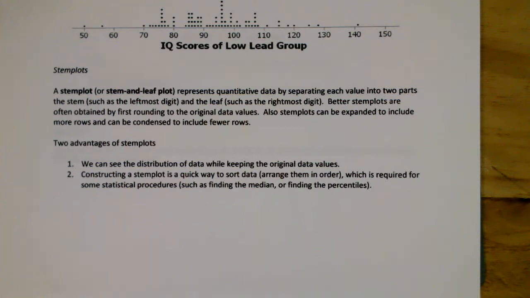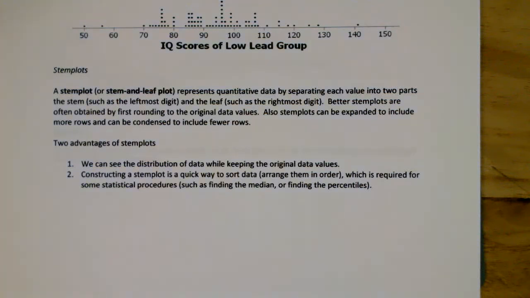There are two advantages of a stem plot. One, we can see the distribution of data while keeping its original data values. And number two is this: constructing a stem plot is a quick way to sort data or arrange them in order, which is required for some statistical procedures, such as finding the median or finding the percentiles.